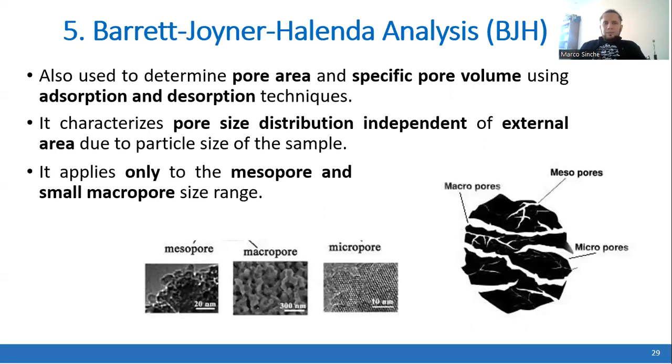And lastly, the Barrett-Joyner-Halenda analysis, or BJH, is similar to the one that was previously explained, in the sense that it is used to determine the pore area and the specific pore volume through absorption and desorption techniques. In this case, the pore size distribution will be independent of the external area, thanks to the particle size of the sample.